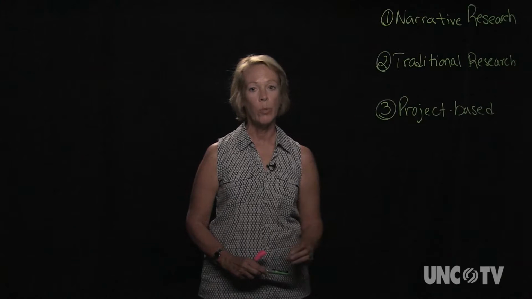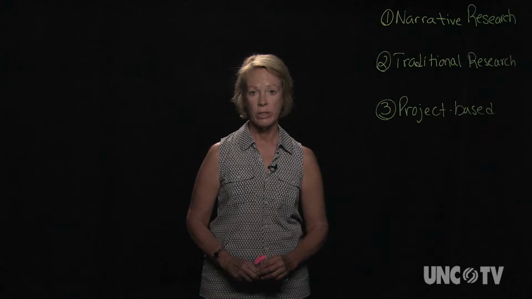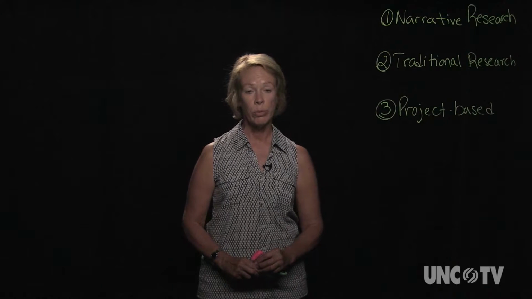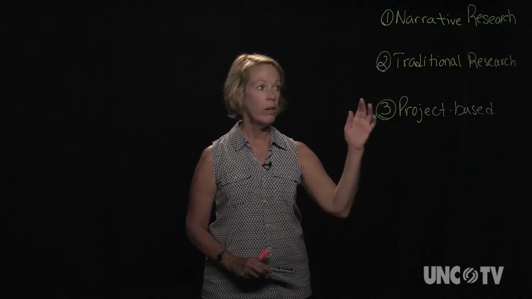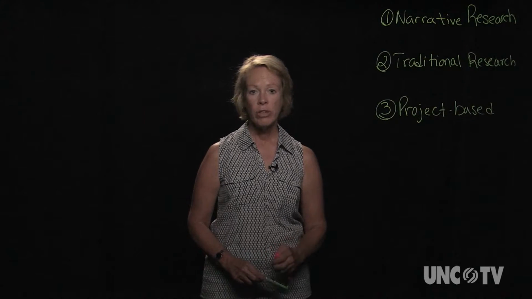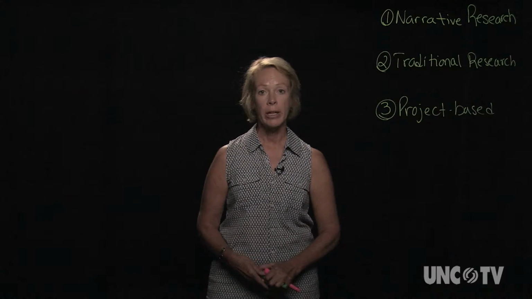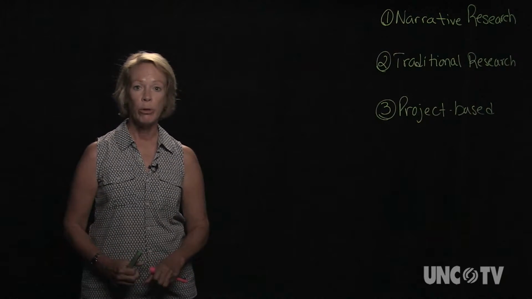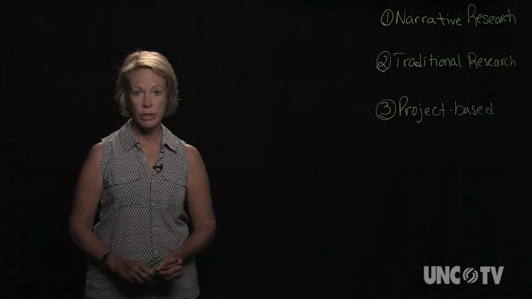You will need to select one of these 3 types of research projects. And your advisor may have some ideas for you as well and may guide you into one of these 3, depending on what your topic is. So the next thing you're going to do is make an appointment and go talk with your advisor. Now, before you go, there's a few things you need to do.